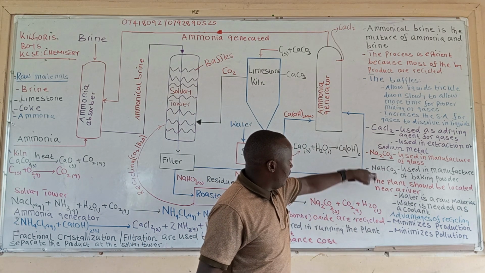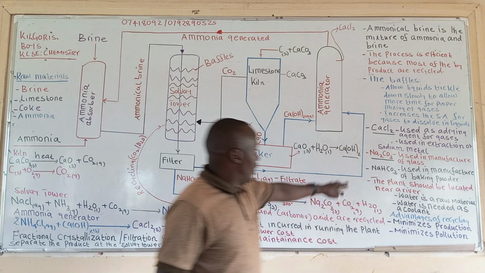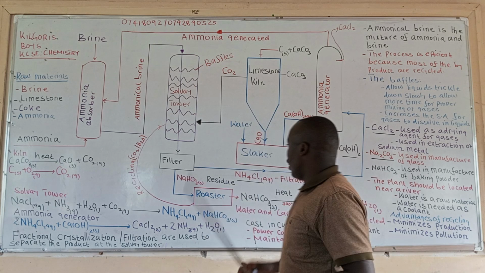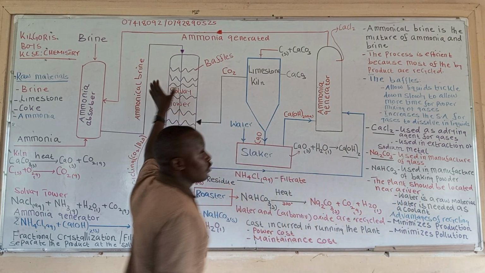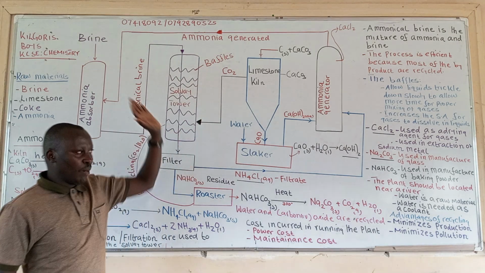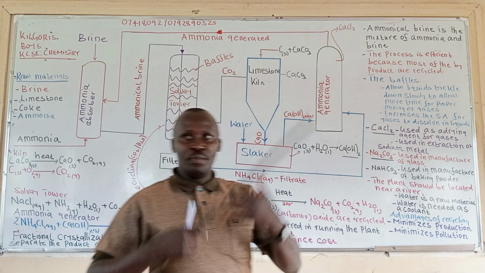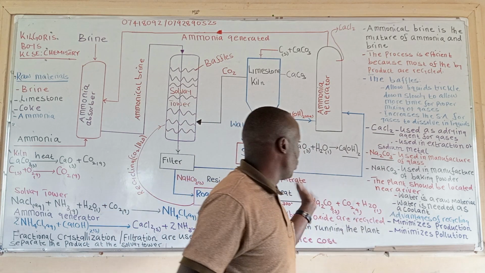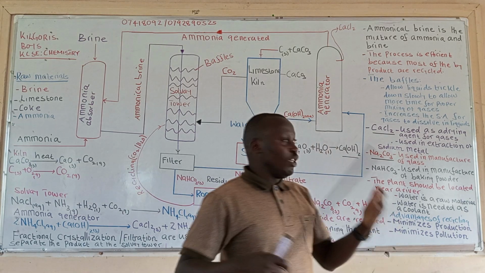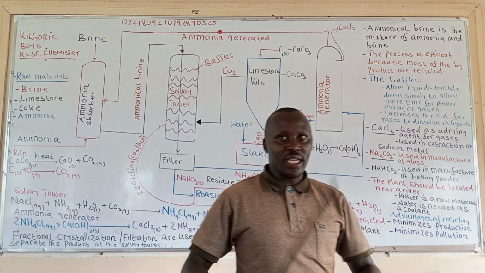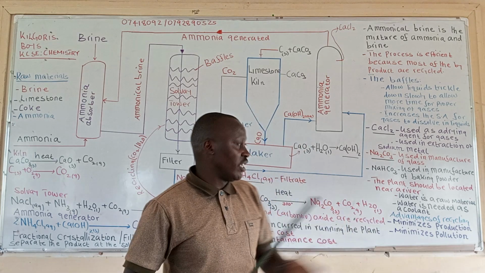Then we have sodium hydrogen carbonate, which is normally obtained from the Solvay tower, or the carbonator. If you are asked to give one use of sodium hydrogen carbonate, you just say that it is used in the manufacture of baking powder. It can also be used in the manufacture of fizzy drinks.